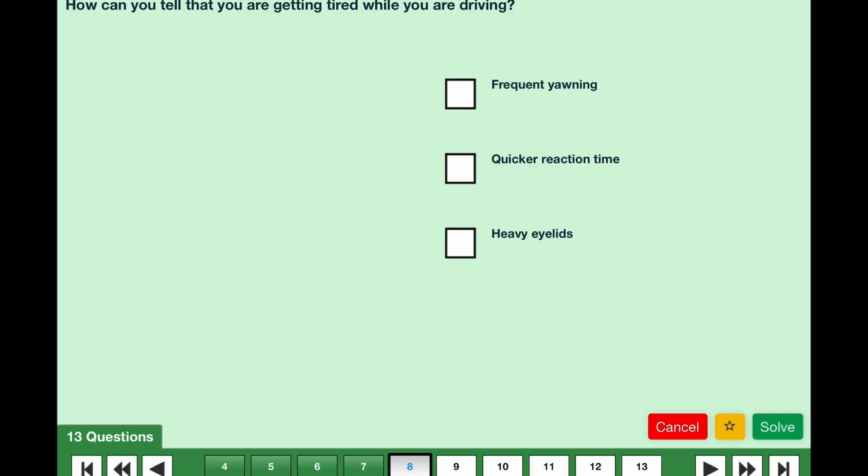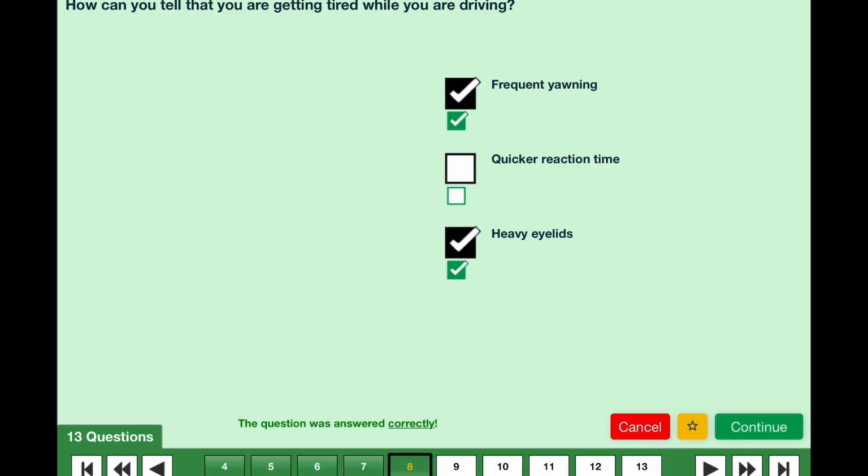How can you tell that you are getting tired while you are driving? I think this question is very simple. Frequent yawning is a sign of tiredness. Quicker reaction time, no. Heavy eyelids, yes.